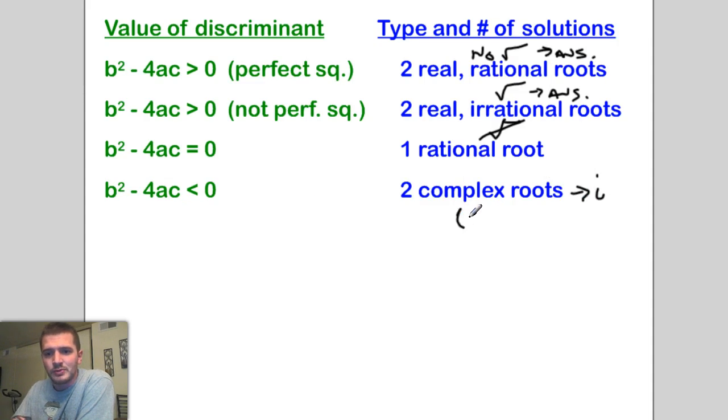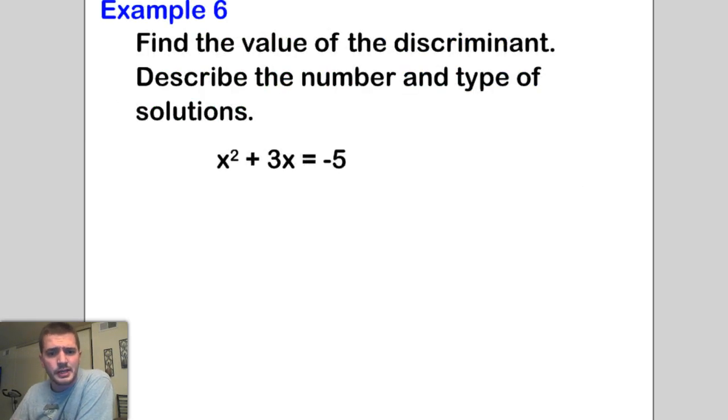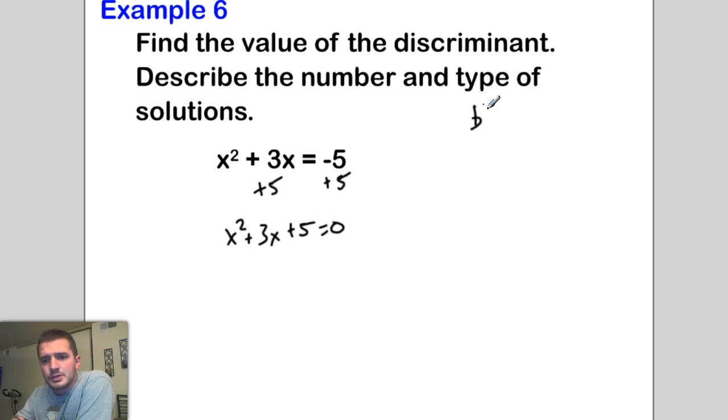I'll write down example 5 just so you have an idea of what to expect with that. So in this case, next couple, we're just going to find the discriminant and then tell what kind of answers we're going to have. So let me get this equal to 0, so add 5 over. So x squared plus 3x plus 5 equals 0. And we know the discriminant is b squared minus 4ac.